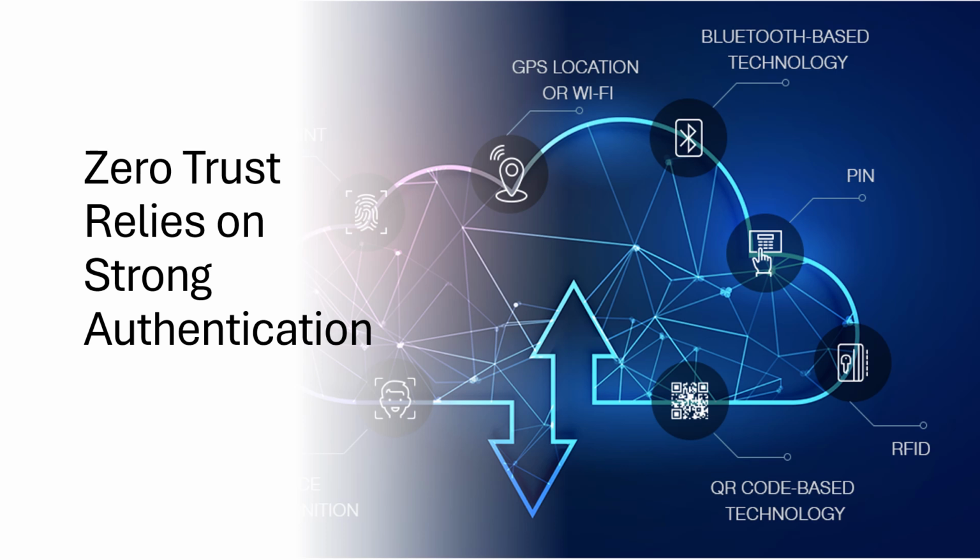This continuous verification aligns with the overarching principles of zero trust, which assumes there is no implicit trust granted to assets or user accounts based solely on their physical or network location.